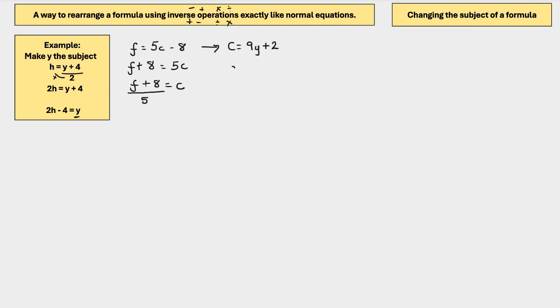So it's going to be C subtract 2, because that's gone over the equal sign, equals 9y. Same again, it's stuck together, so it's a multiply. So I'm going to do the opposite of that, the inverse. And the answer is C minus 2 over 9. I brought that underneath because that's times, so that's a divide. Next one.